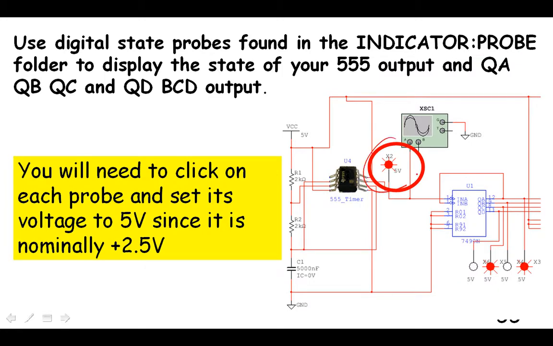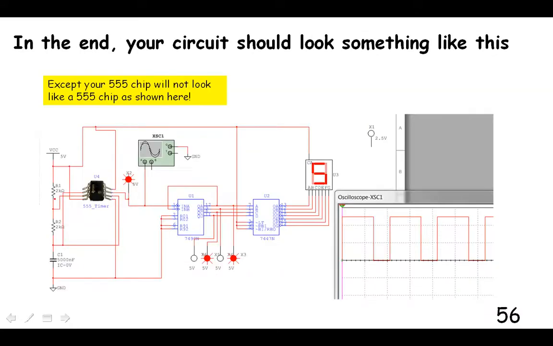Once you insert one of these indicators, you're going to have to double click on it and then change it from 2.5 volts to 5 volts, because they nominally come in at 2.5 volts. And in the end, your circuit should look something like that, except your 555 timer will look like this, except it'll be 555, virtual.